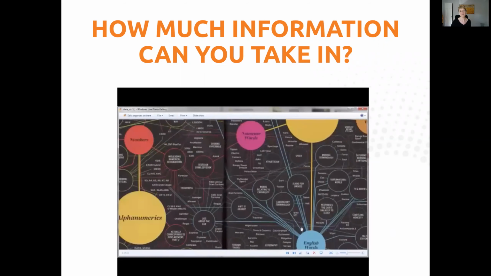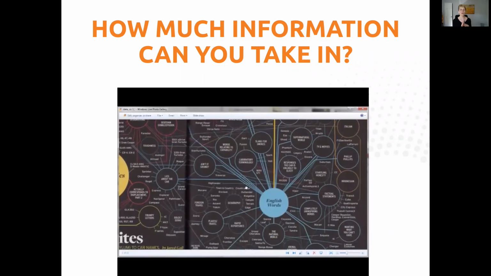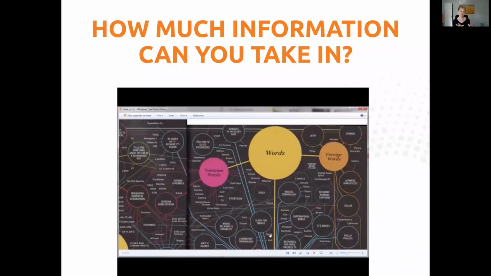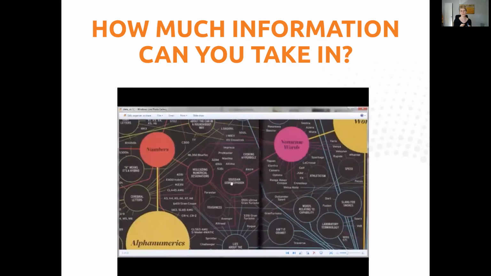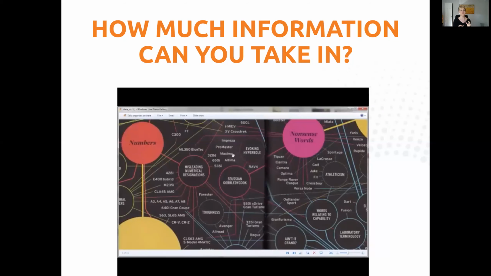And so what they wanted to do was to think about how to categorize all the different ways in which we come up with car names. And they were able to do this with this graphic. If you can imagine a big list of car names, you wouldn't have been able to make head or tail of it. But you start to see some of them sound like foreign words on purpose. Some of them are combinations of letters and numbers. Susie and gobbledygook is one of my favorites, right?